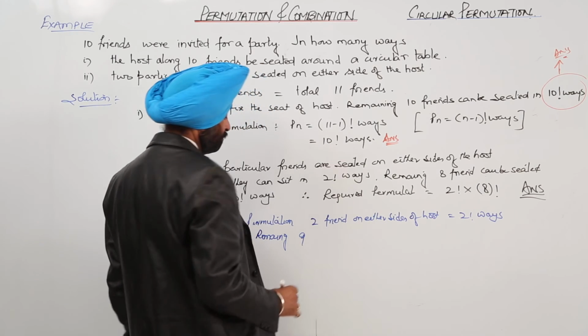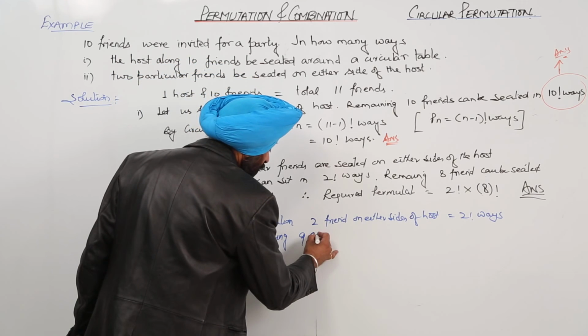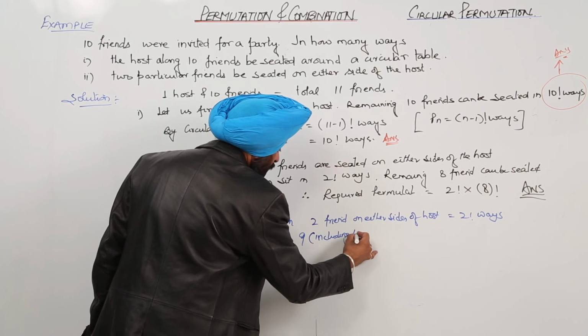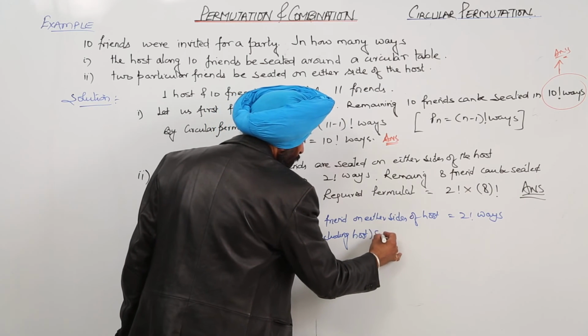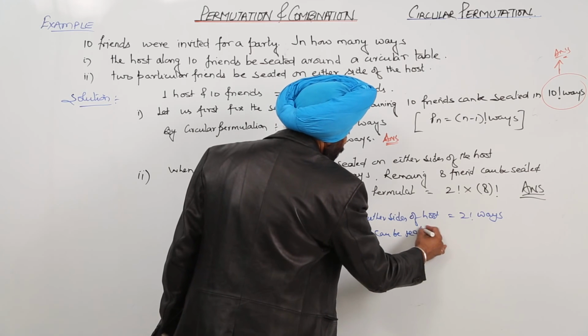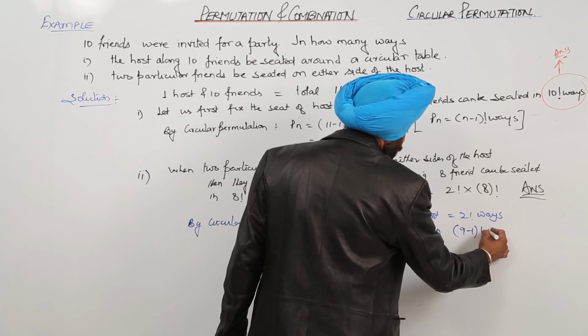Now the remaining 9, since 2 are already seated, remaining 9 including the host, can be seated in (9 minus 1) factorial ways.